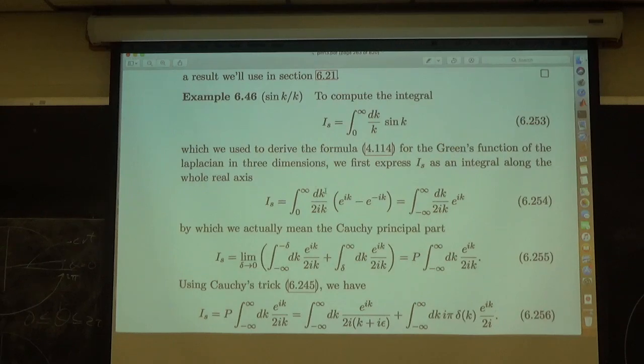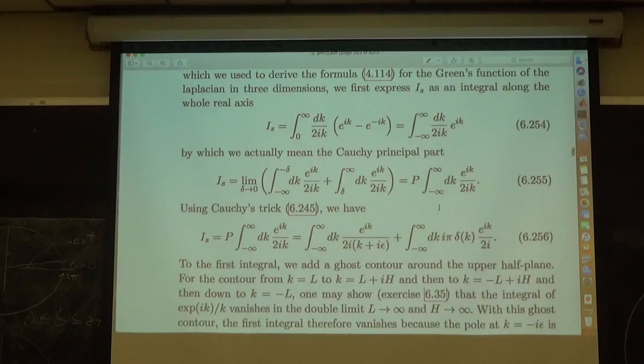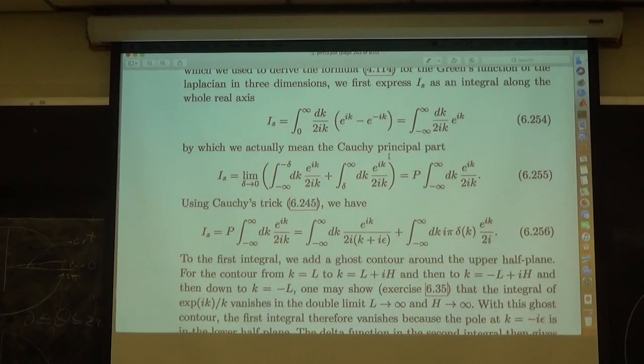That's integrated from 0 to infinity, but then we can rewrite that as an integral from minus infinity to plus infinity. And we actually mean the Cauchy principal value of this integral.